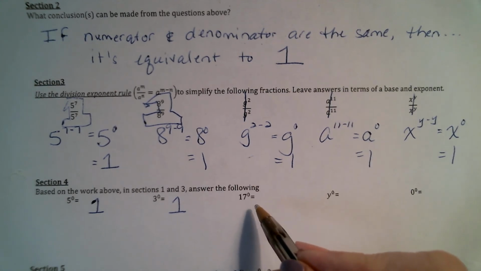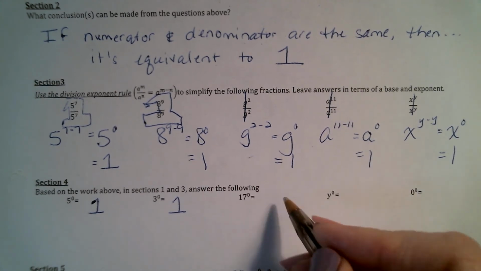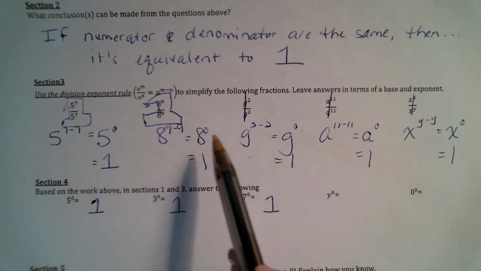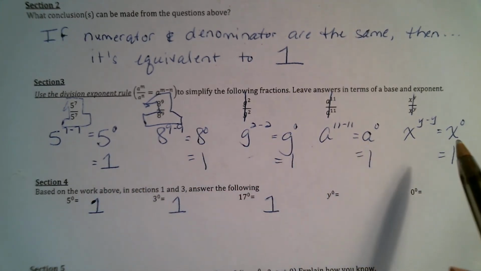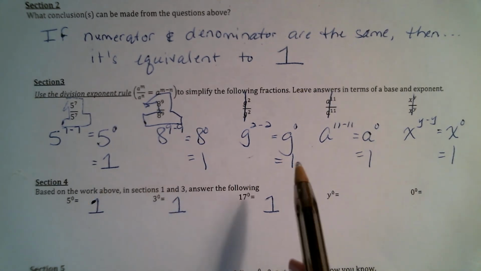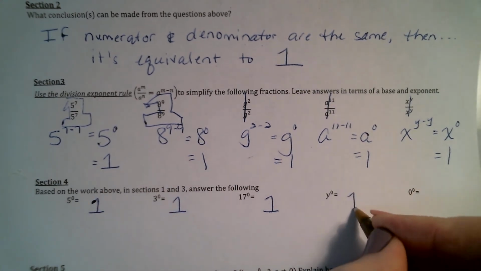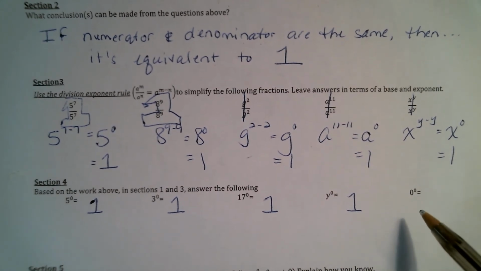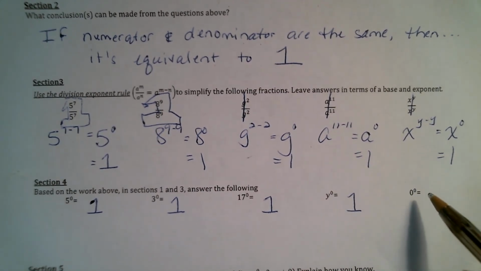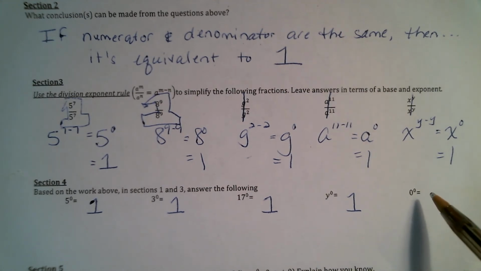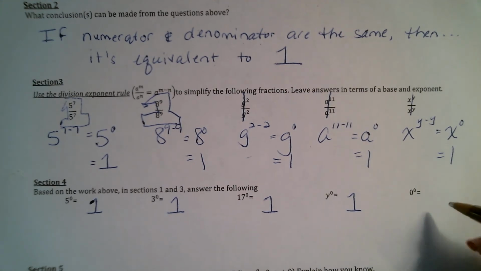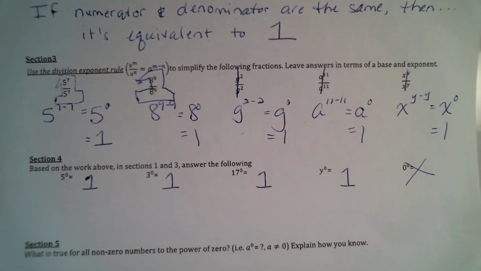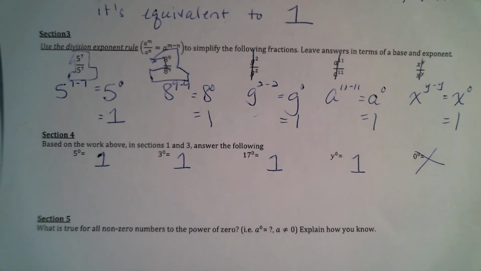Here, if we assume it's been simplified, because if we look up here, all of these were to the 0 power, all of them were equal to 1. Now, 0 to the 0 power. Yeah, I don't even think we're going to talk about this one this year, okay? Maybe if we were in class.